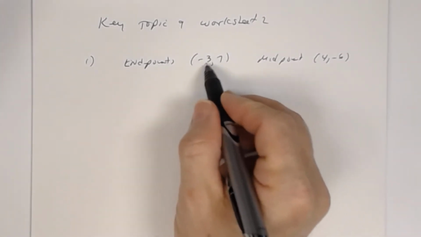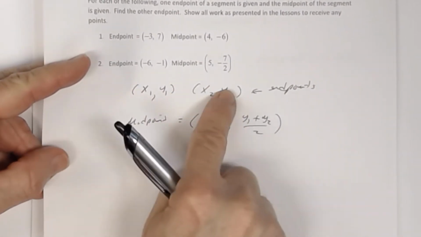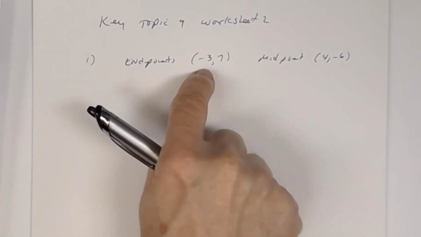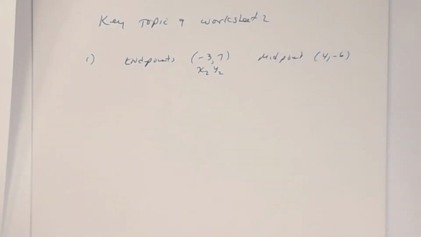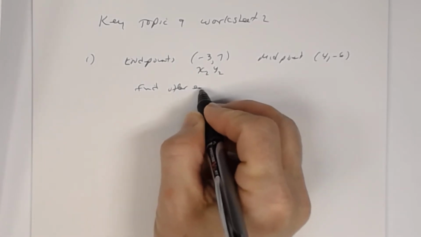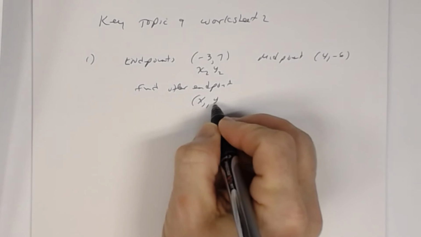The way I would do this: remember your endpoints have these coordinates, this is your first, this is your second. It doesn't matter which one you use, so let's call this one x2, y2. We want to find the other endpoint, and let's call that x1, y1.